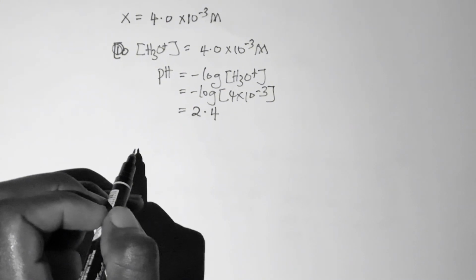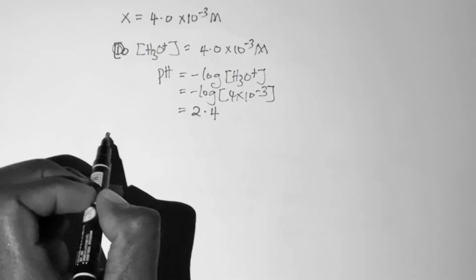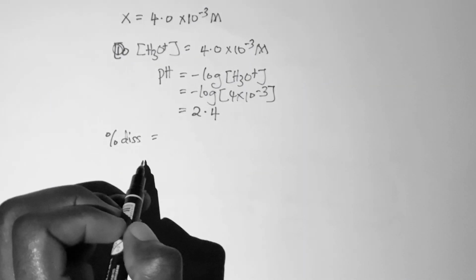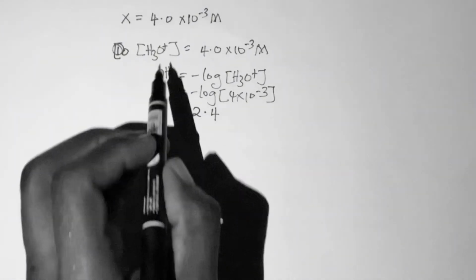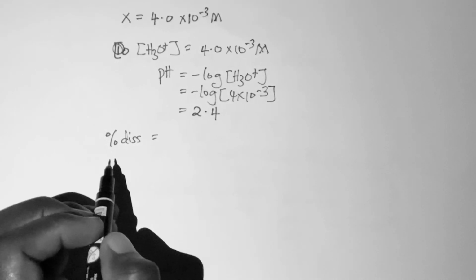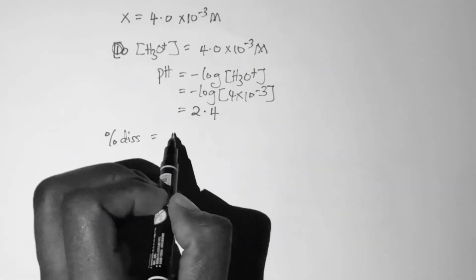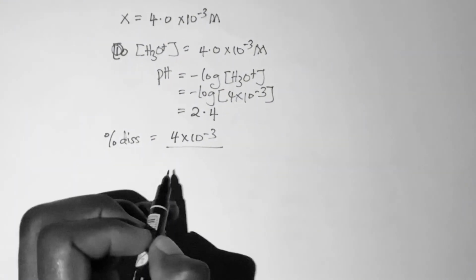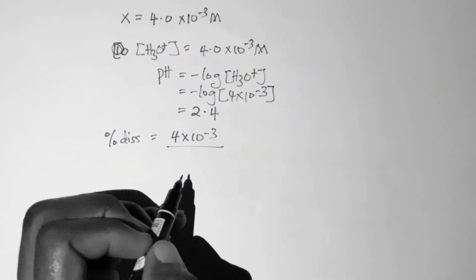The other aspect of the question says we should find the percentage dissociation. So the percentage dissociation is equal to the amount of H3O plus in this system, and that is 4 times 10 exponent minus 3, divided by the original concentration.